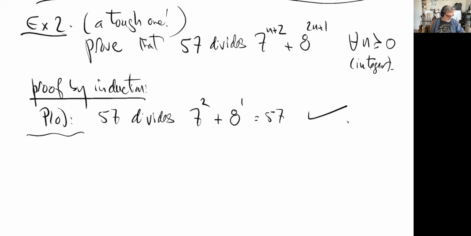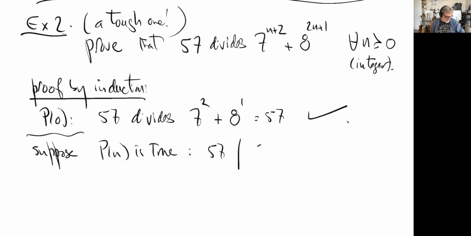Okay, so now suppose p of n is true. So that means 57 divides 7 to the power n plus 2 plus 8 to the 2n plus 1. Prove p of n plus 1.